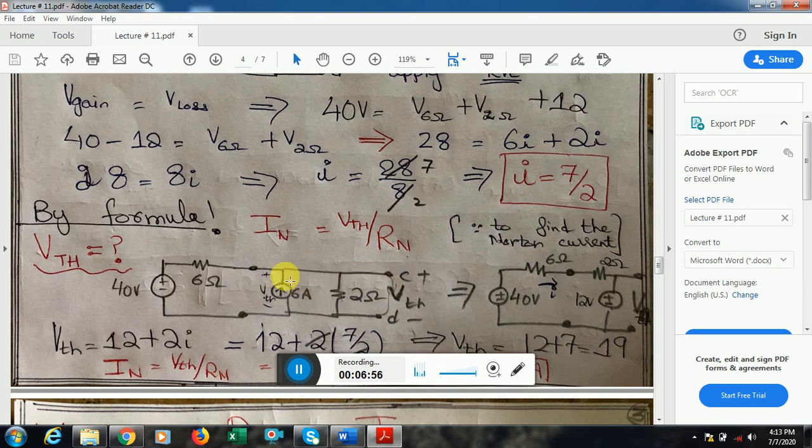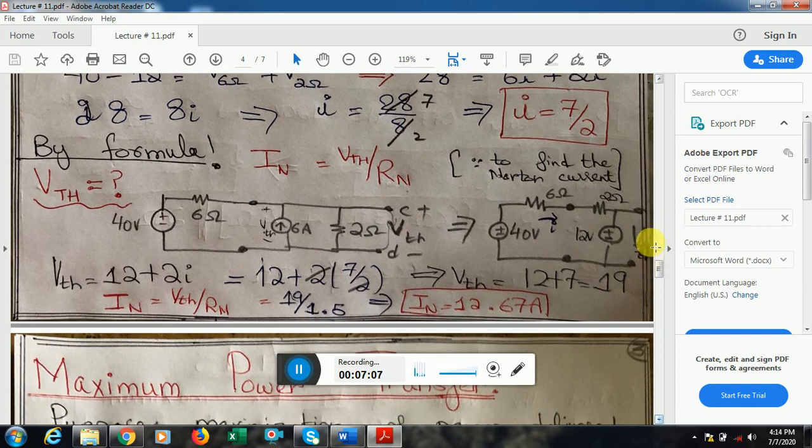V Thevenin is the voltage across this terminal in the original circuit. So I have to find the voltage from this terminal to this terminal, which is the combination of this voltage source and this 2I. This is 12 volt because this 6 ampere was transformed into 12, and 2I is the resistance across this.